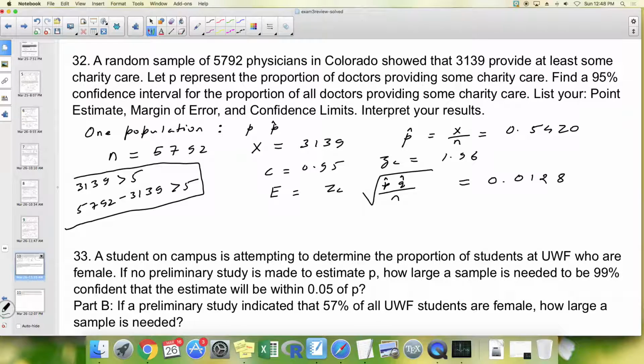So that's your margin of error. So this E is your margin of error.